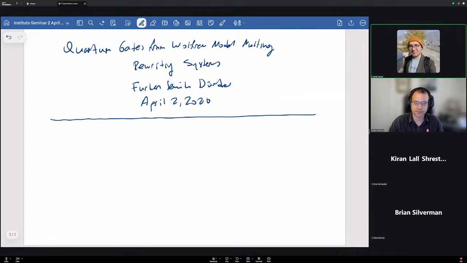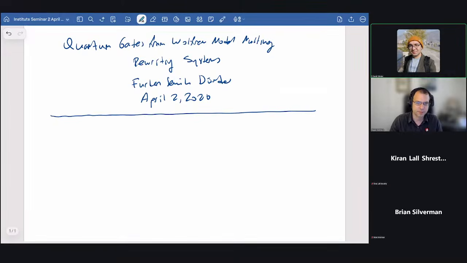Using the Wolfram model multi-way rewriting systems, we can encode quantum operators like the CNOT, pi/8, or the Hadamard gate. Once we have a multi-way system, we can represent a family of S matrices or the transition amplitudes for states using that multi-way system.